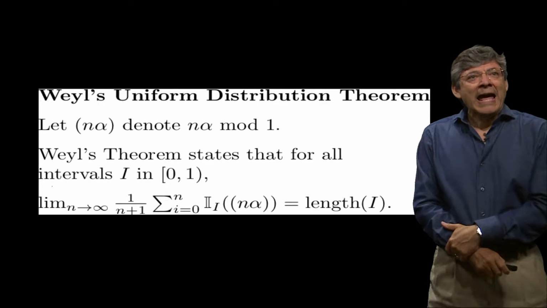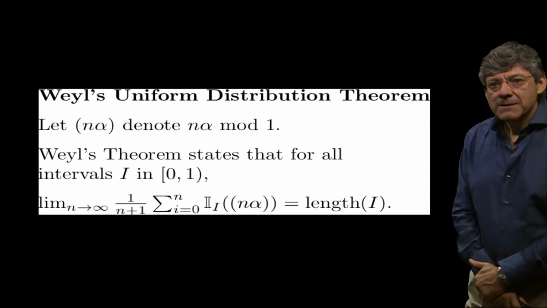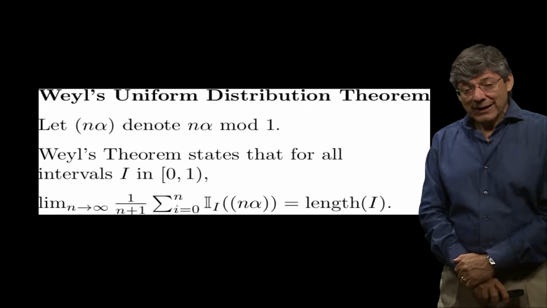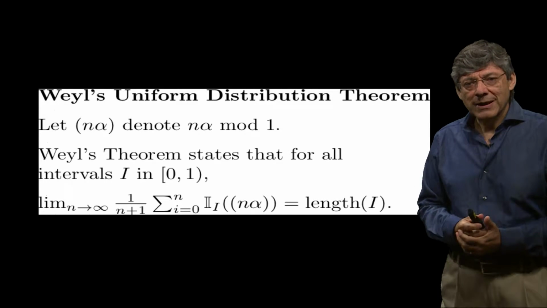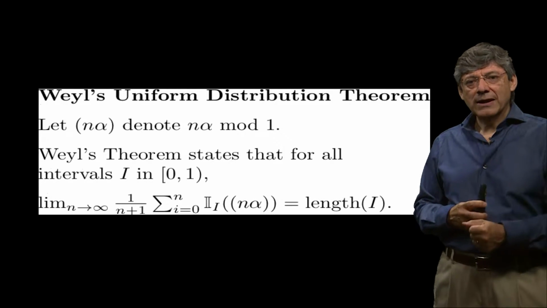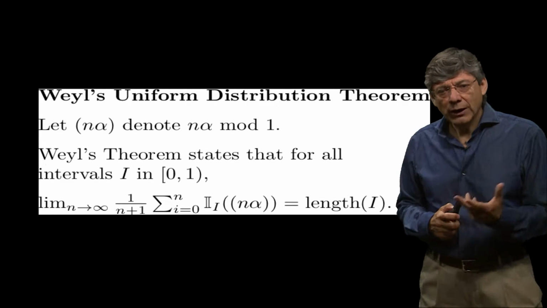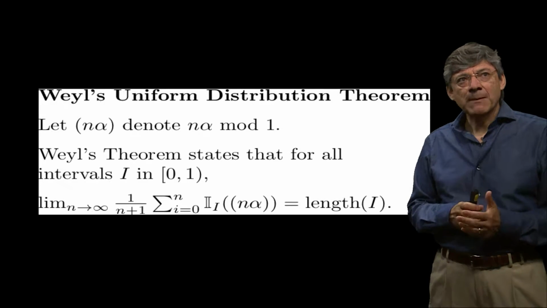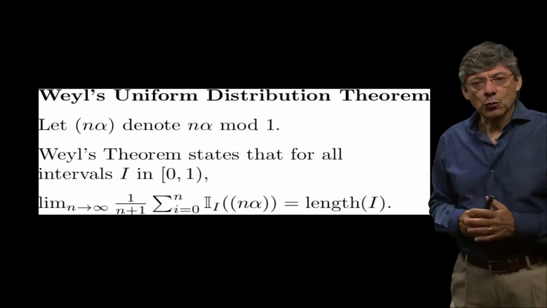Well, now Weyl's theorem is a theorem in real analysis, but it can also be considered as the first theorem in a subject that we will mention later called ergodic theory. Ergodic is not an English word, but it's a word that was invented to describe this subject. So Weyl's theorem on uniform distribution says the following.